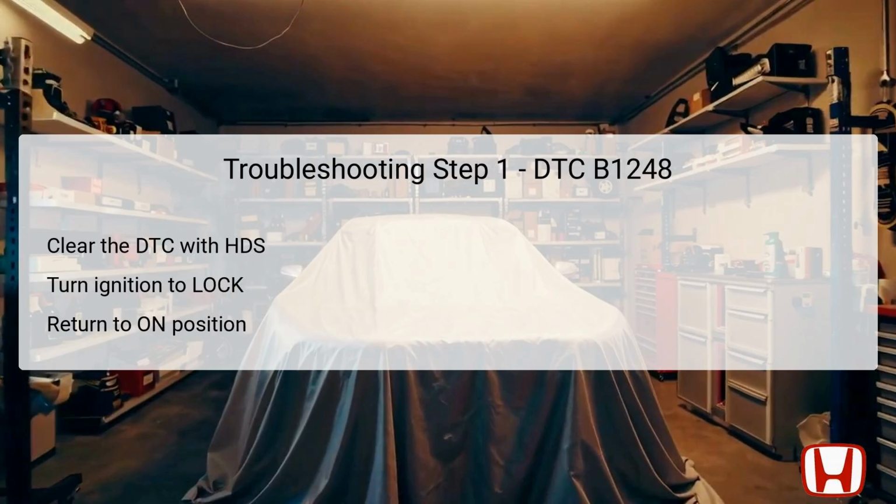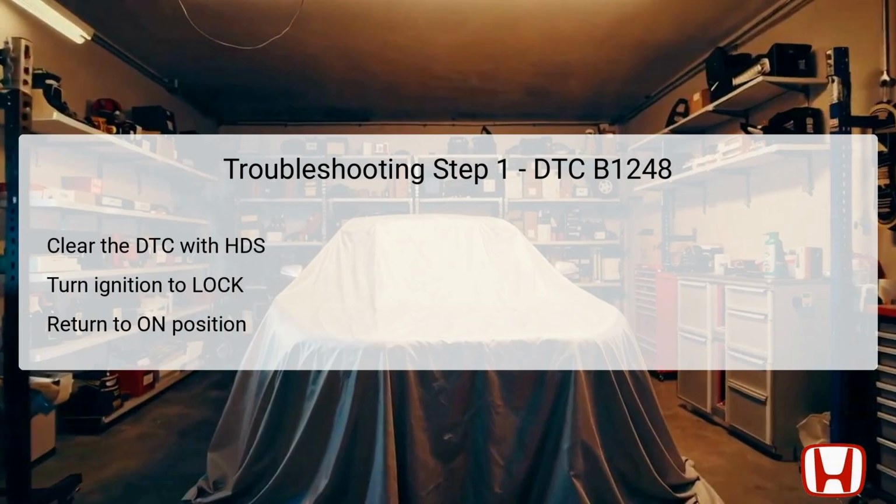The first step in troubleshooting DTC B1248 involves clearing the diagnostic trouble code, DTC, using the Honda Diagnostic System, HDS. This system provides an electronic interface for diagnosis, allowing for effective troubleshooting. After clearing the DTC, turn the ignition switch to the lock position and then back to the on position.